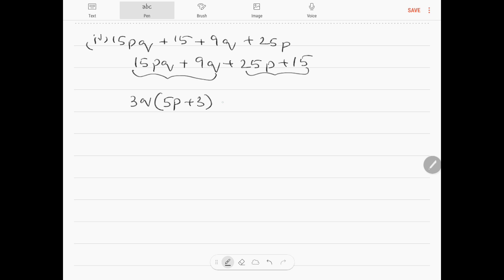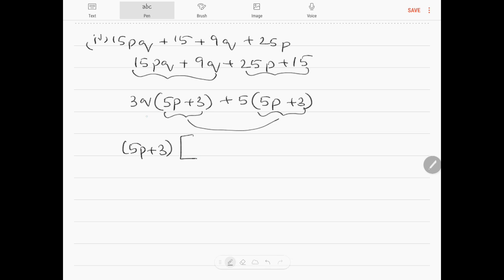And from these two terms, taking 5 in common, this will become 5p plus 3. So this term and this term are the same. Taking this term again in common, 5p plus 3, the remaining terms will be 3q plus 5. The answer will be 5p plus 3 into 3q plus 5.